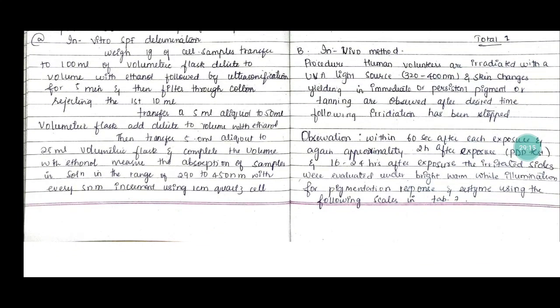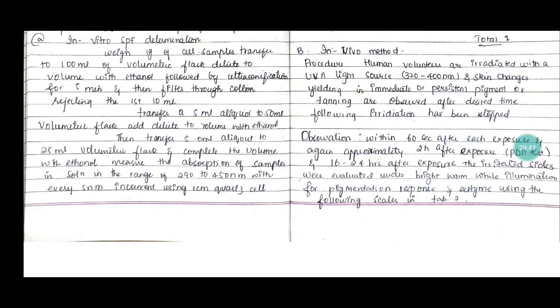For the in vivo method, human volunteers are irradiated with a UVA light source, that is 320 to 400 nanometer, and the skin changes yielding immediate or persistent pigment or tanning are observed after the desired time, followed by irritation, and then stopped.